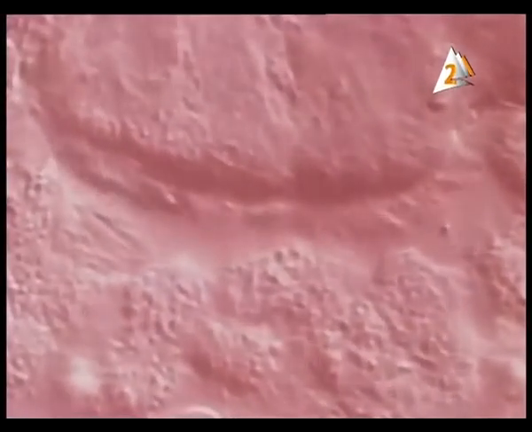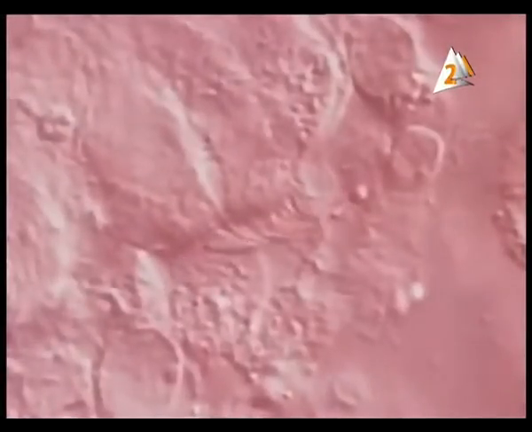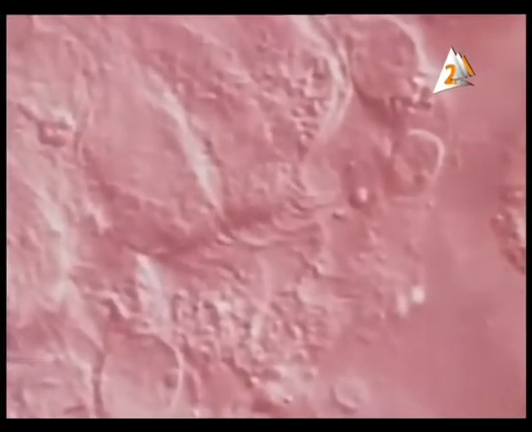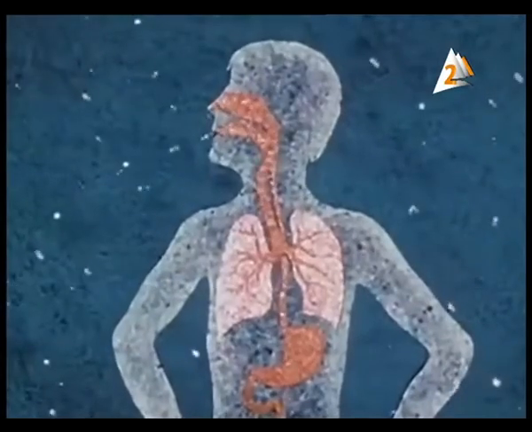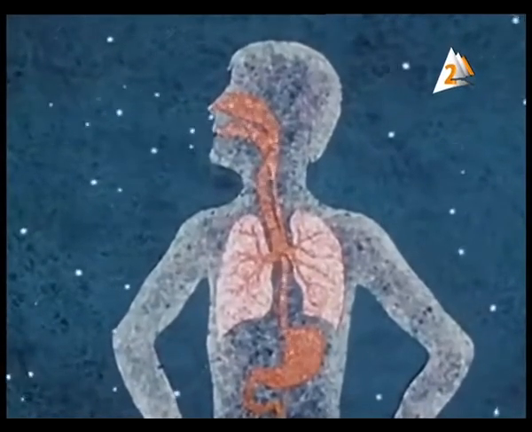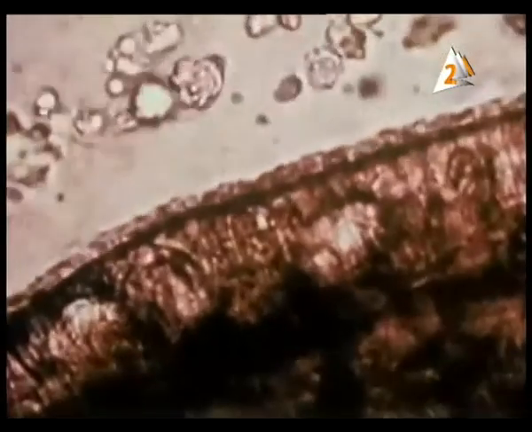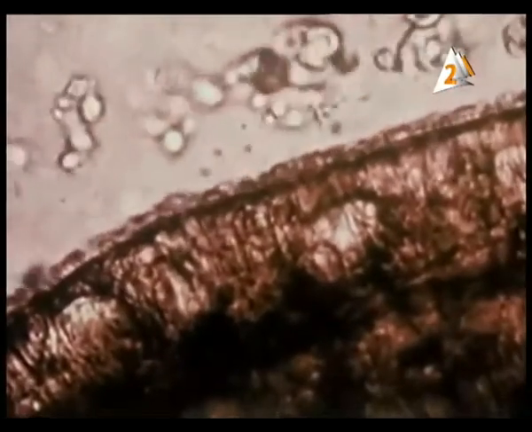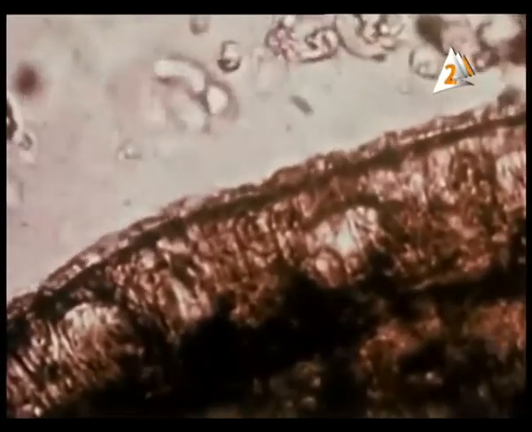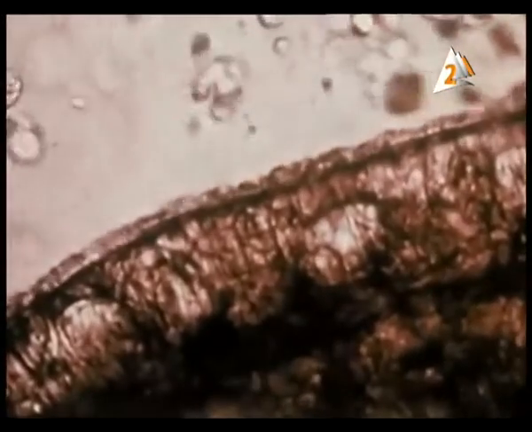This we call the first line of defense. Then, once a microbe enters the inside of the body and reaches the blood, at this moment we are in the second line.